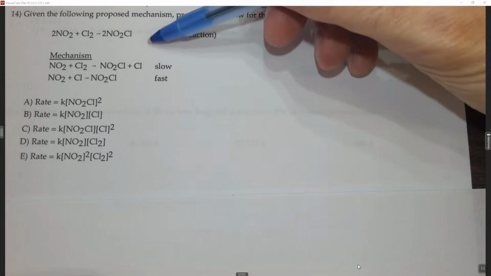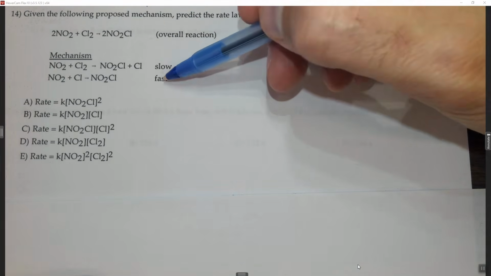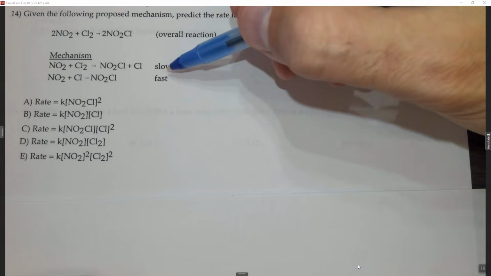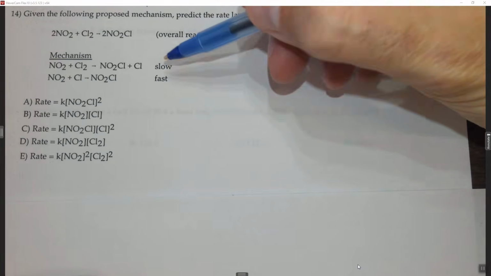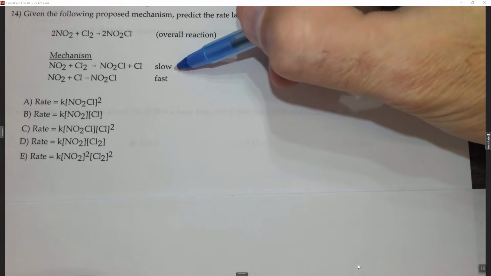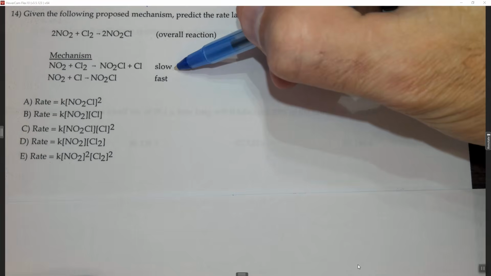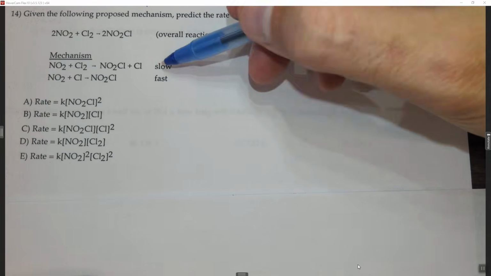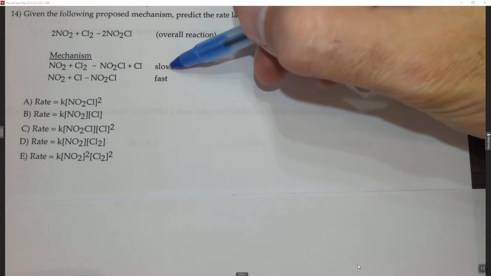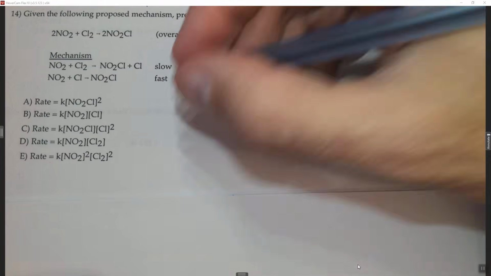Well, which step is going to be important in the rate, the slow one or the fast one? The rates of reactions are based on the slow step, because it's the rate limiting step, the one that determines how far the overall reaction goes. Because the first step is the slow step, this is much easier.